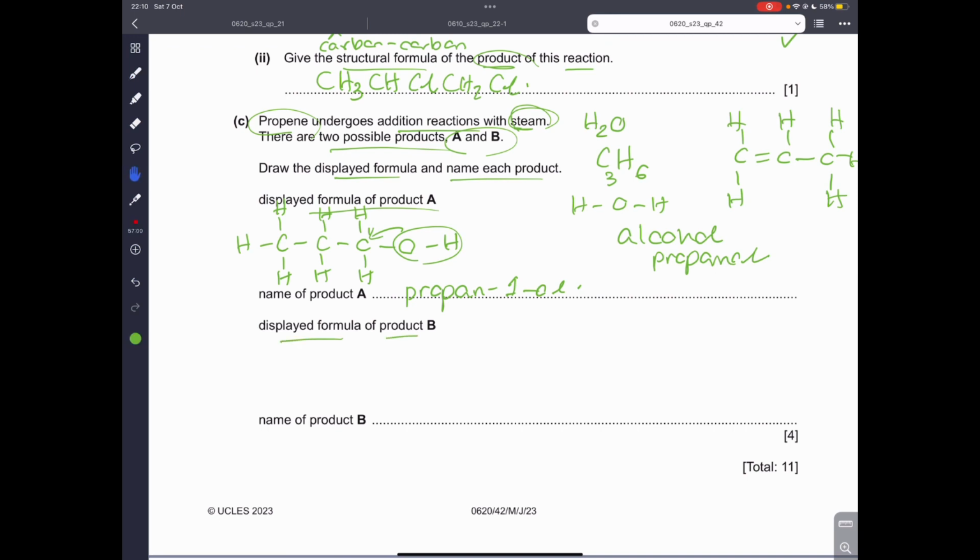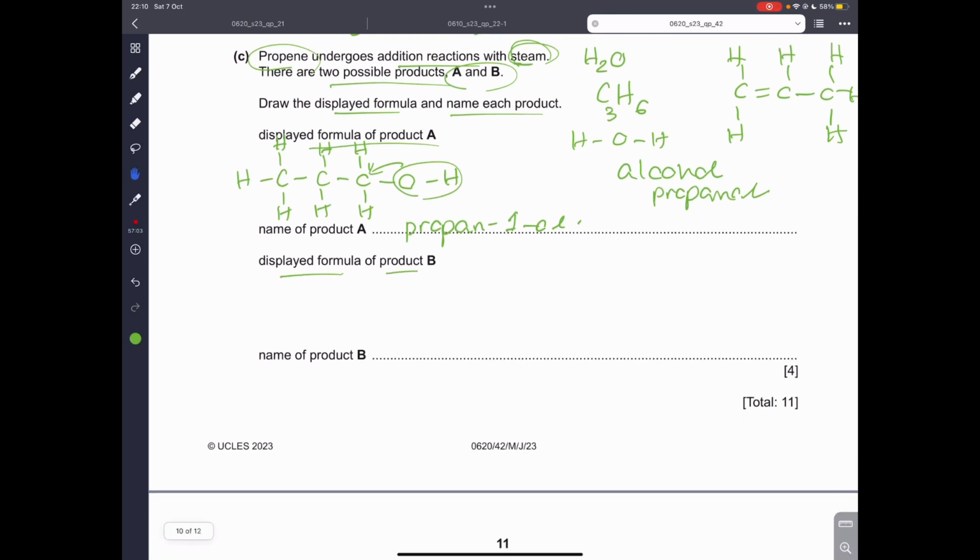Now you might be wondering, why do they give another product B? Well, product B is basically just an isomer of propanol, because propanol can actually form in 2 different ways, where the hydroxyl group can attach to the first carbon atom, or it can attach to the second carbon atom.